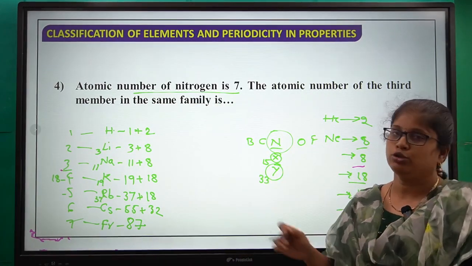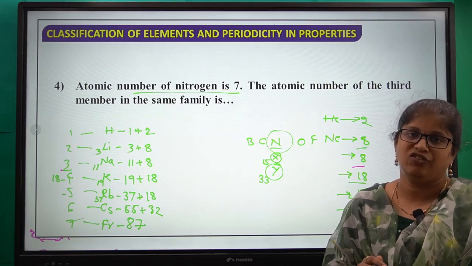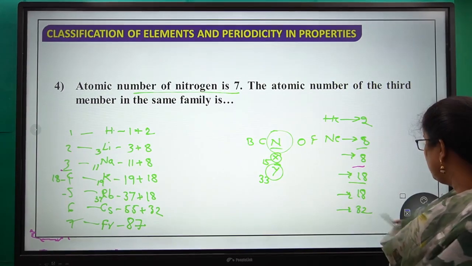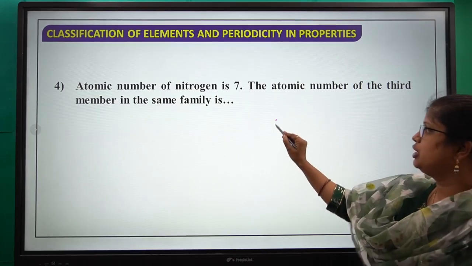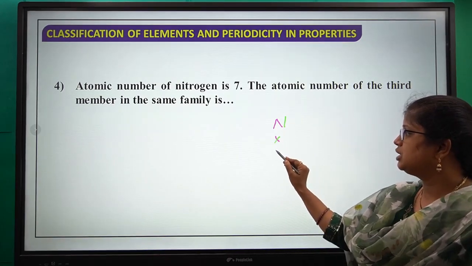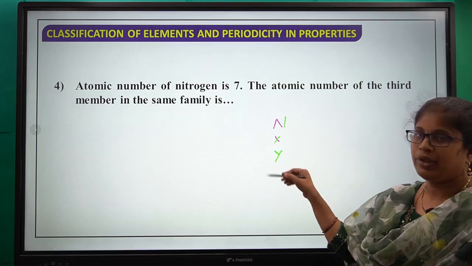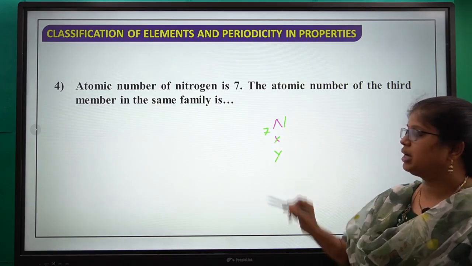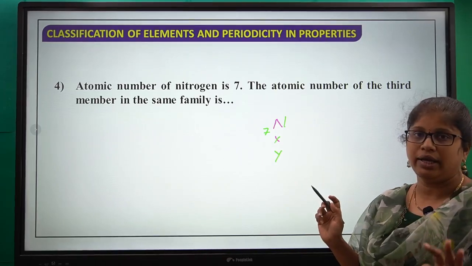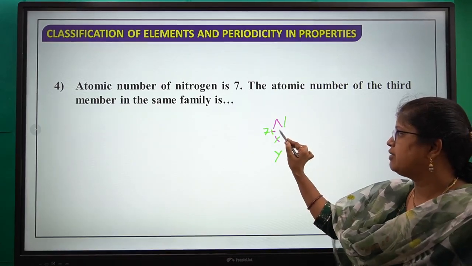So we have to know the first element in that family and which period it belongs to. Here, nitrogen belongs to the second period, and he is asking for the third member in the family. We know the atomic number of nitrogen is 7, and the next period has 8 elements, so you add 7 plus 8.